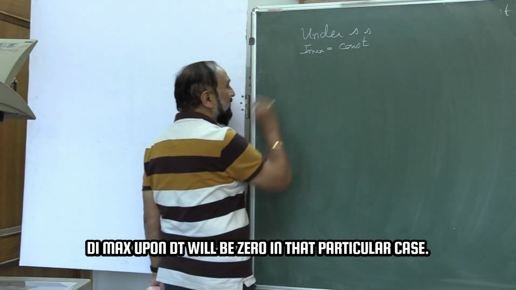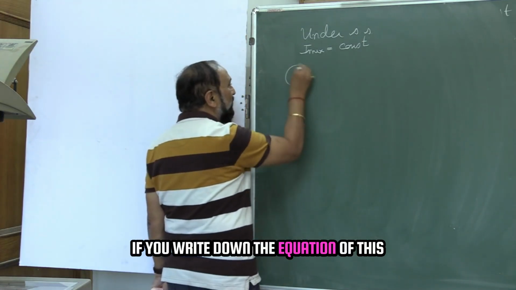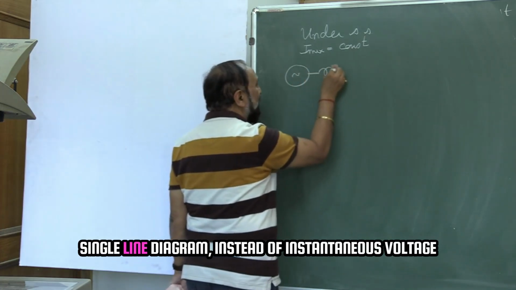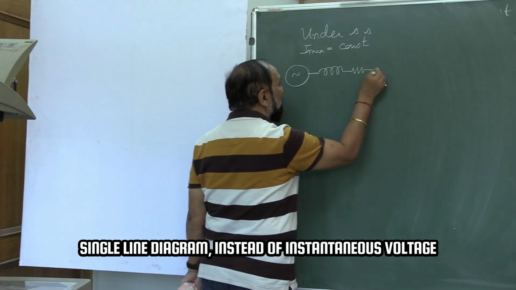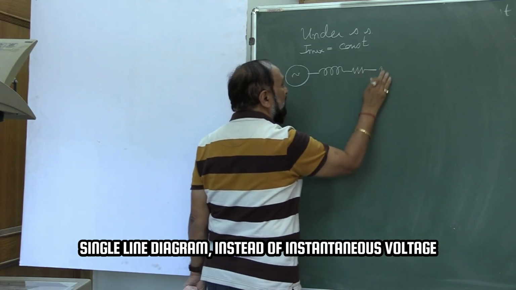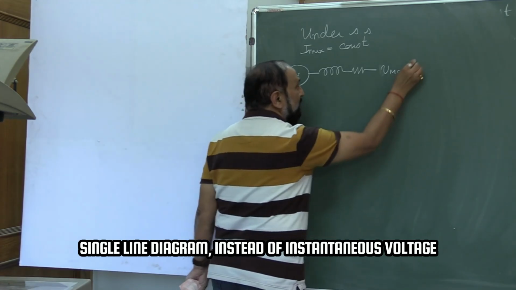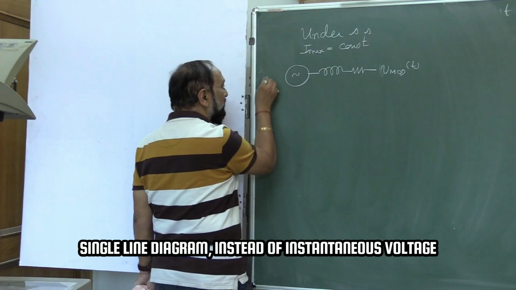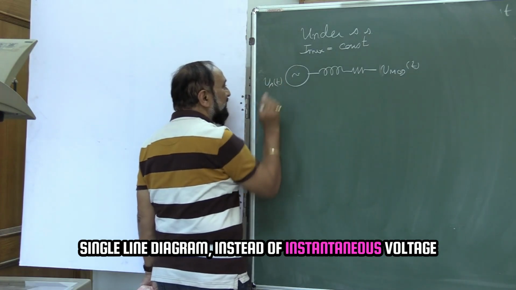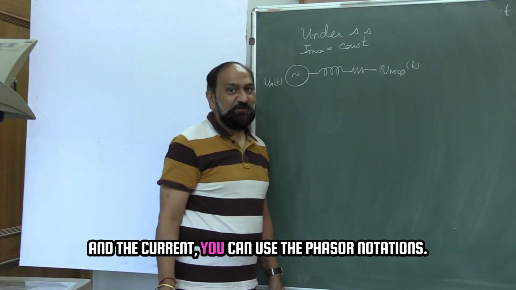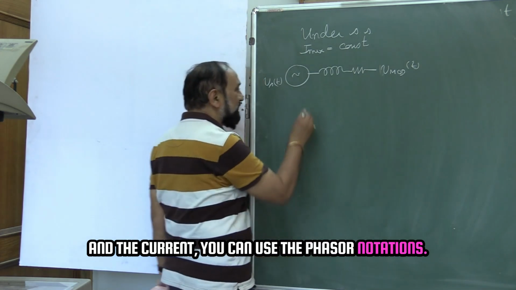In that particular case, if you write down the equation of this single line diagram, instead of instantaneous voltage and current, you can use the phasor notations.